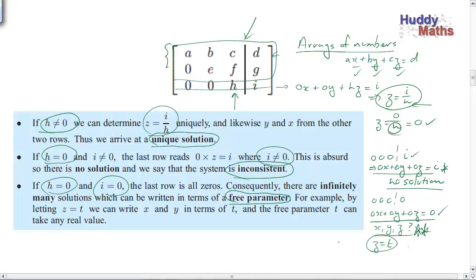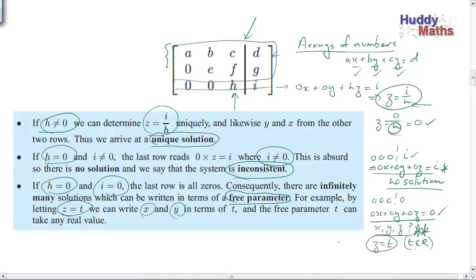So here the parameter means all the possible values of z in this context, so it's free. Okay, for example, by letting z equals t now, we can write x and y in terms of t, and the free parameter can take any real value. So we usually write t as a member of R there.